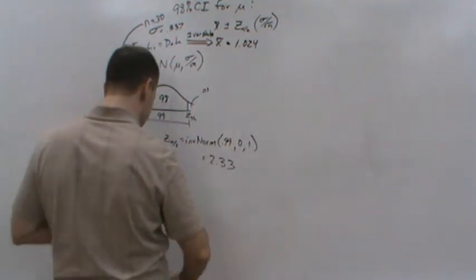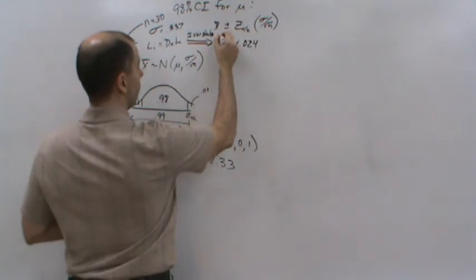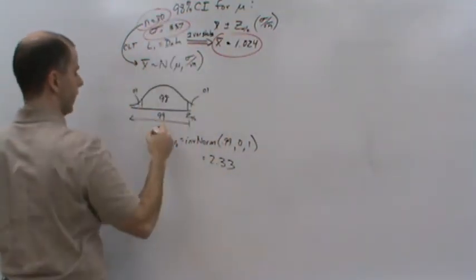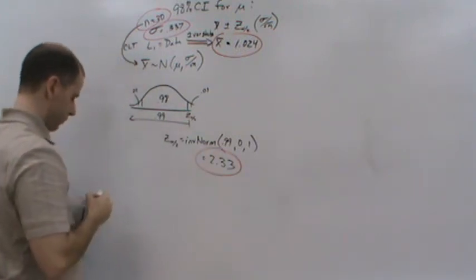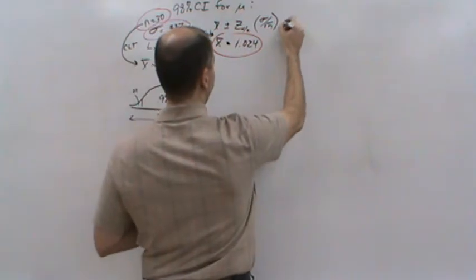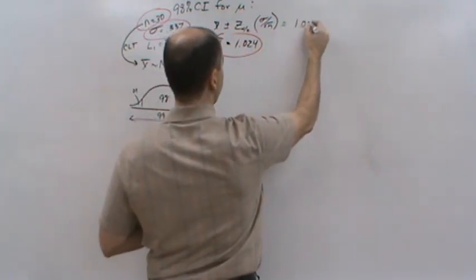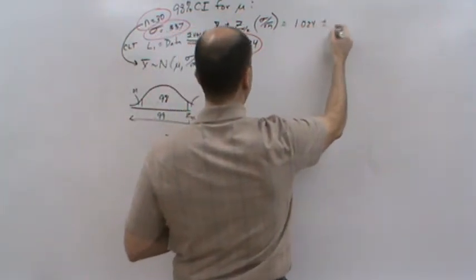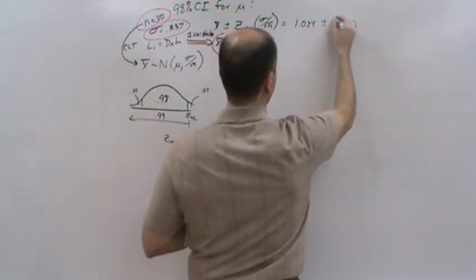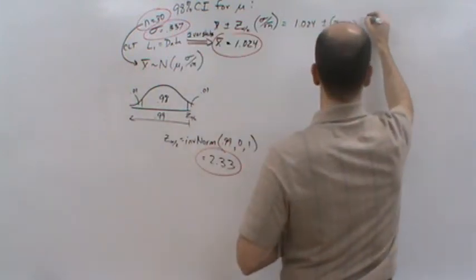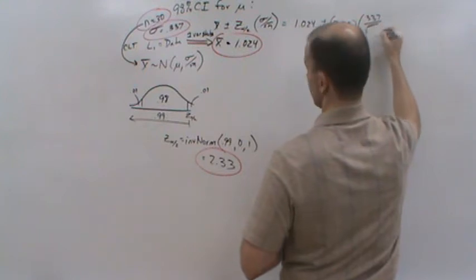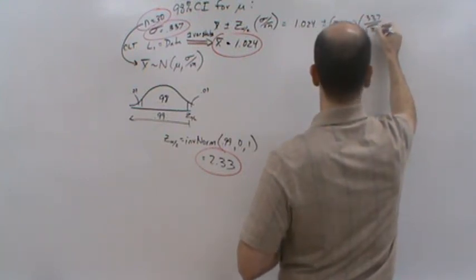So now, do I have the pieces? Yes. I've got x bar, I've got sigma, I've got n, and I've got my z alpha. So now I can just plug and chug. And so my confidence interval is 1.024 plus or minus 2.33 times 0.337 divided by the square root of 30.